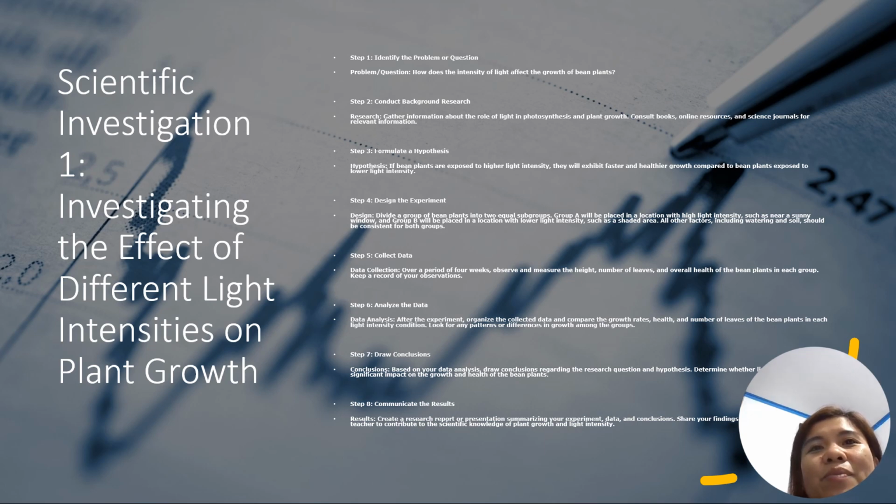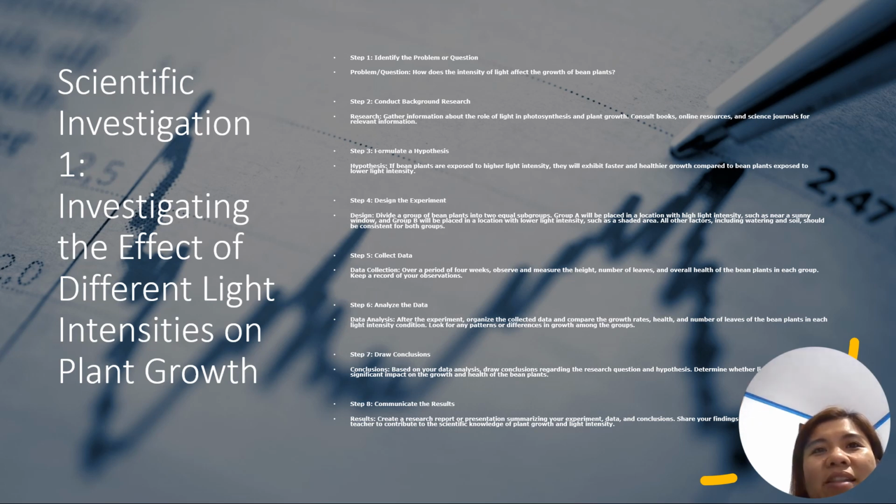So in this step, you have to go back to your hypothesis. What's the hypothesis? If bean plants are exposed to higher light intensity, they will exhibit faster and healthier growth compared to bean plants exposed to lower light intensity. So go back to this hypothesis, then draw your conclusion.